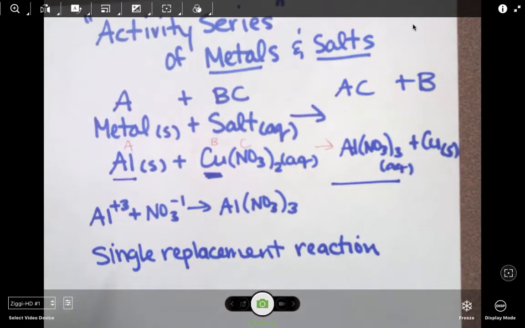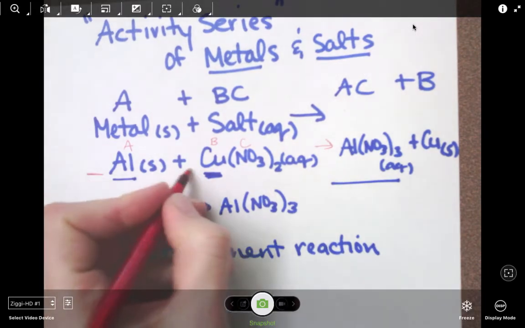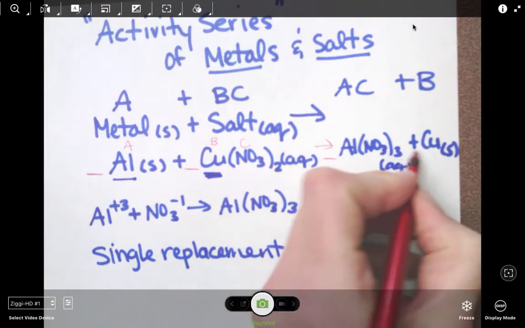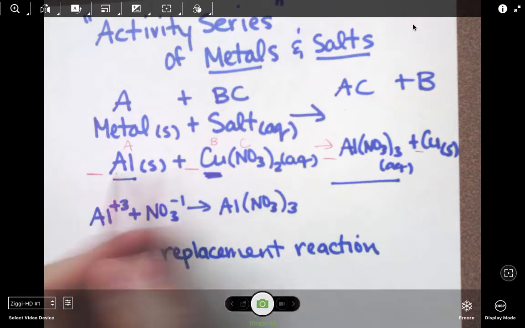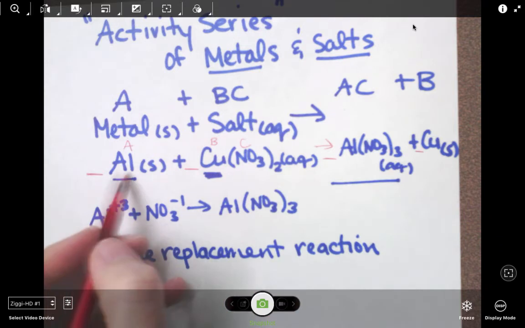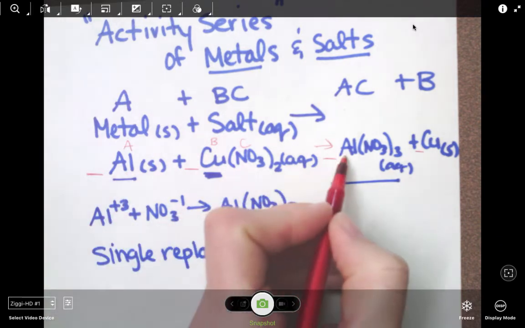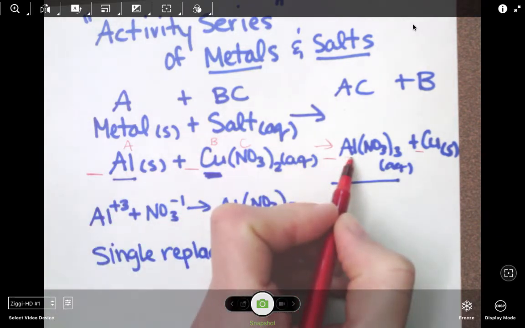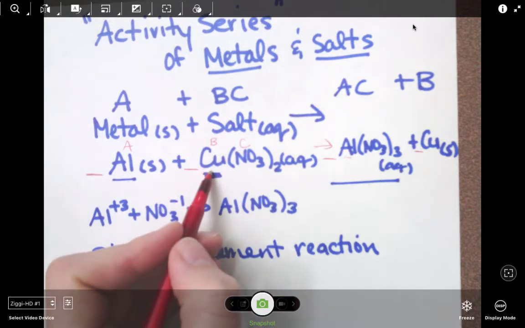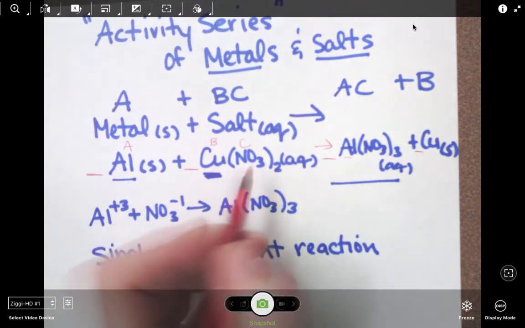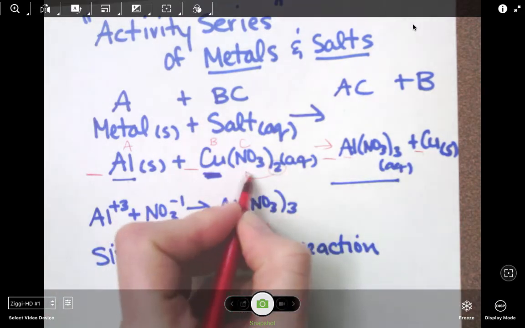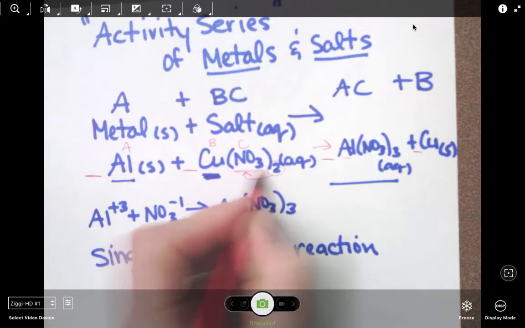Okay, so now that we have our equation, we need to balance the equation because according to the law of conservation of matter, what you put in, you have to get out. And so I have my reactants on the left side of the equation, aluminum plus copper 2 nitrate. I have 1 aluminum here, and on the right, I have 1 aluminum. So that's good. On the left, I have 1 copper, and on the right, I have 1 copper. That's good. However, over here, I have 2 nitrates, 2 of this whole thing.